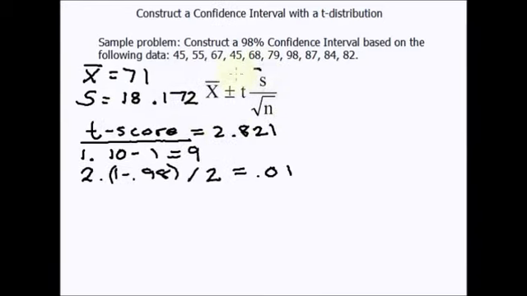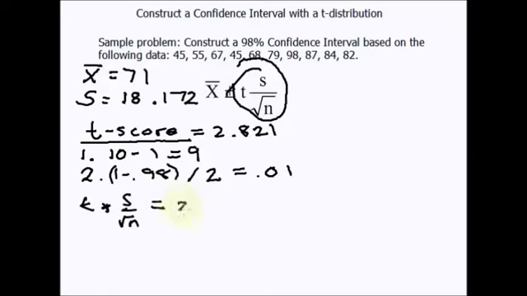I'm actually going to work this part of the formula here, this t times s divided by the square root of n. So I've got t times s over the square root of n.